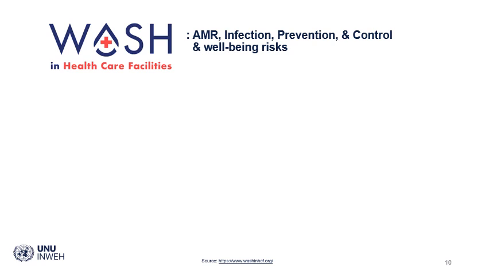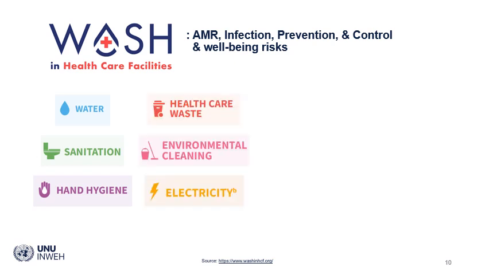Guidance is therefore provided, including information on how to conduct a baseline assessment and checklist for long-term operation and maintenance, for securing water, sanitation, and hygiene services, and broader environmental, sanitation, and safety needs by addressing healthcare waste, environmental cleaning, and electricity services.